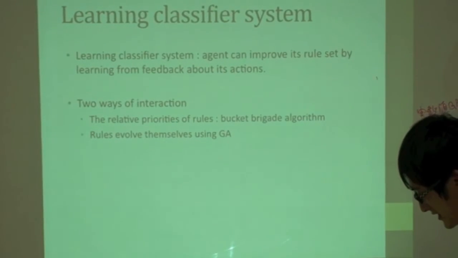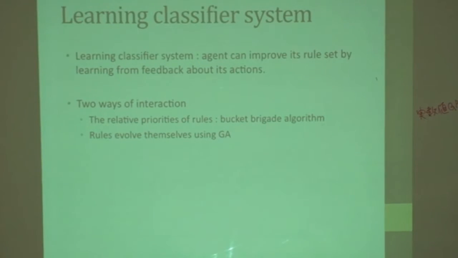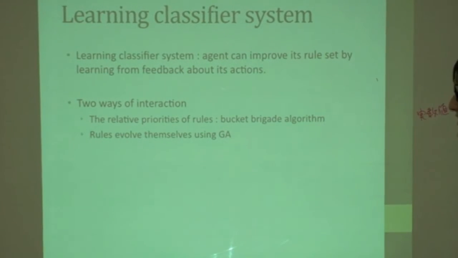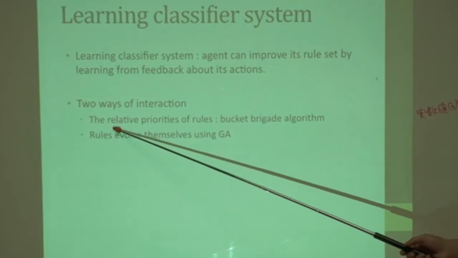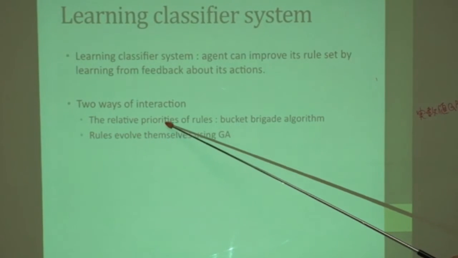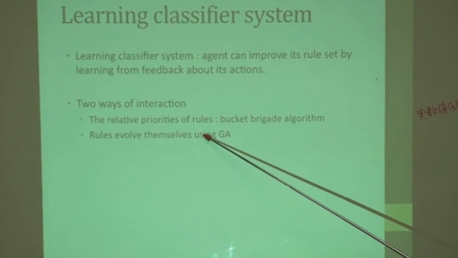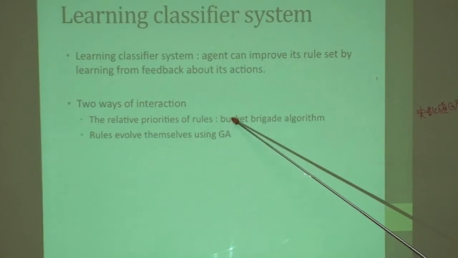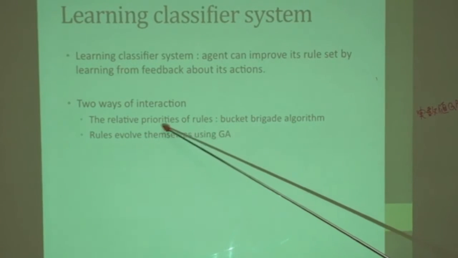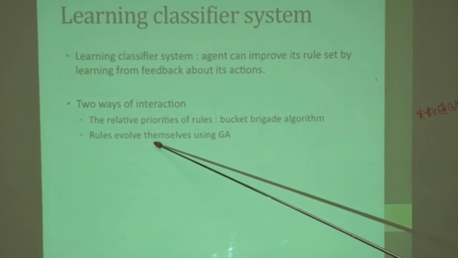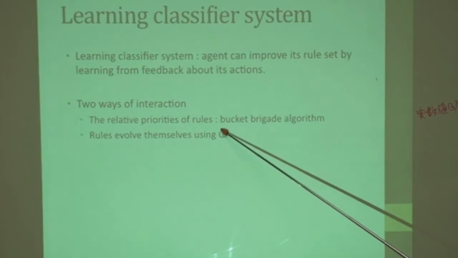In learning classifier system, agent can improve its rule set by learning from feedback about its action. And there are two ways of interaction. One is the relative priorities of rules, the bucket brigade algorithm, and the other is rules evolve themselves using GA.